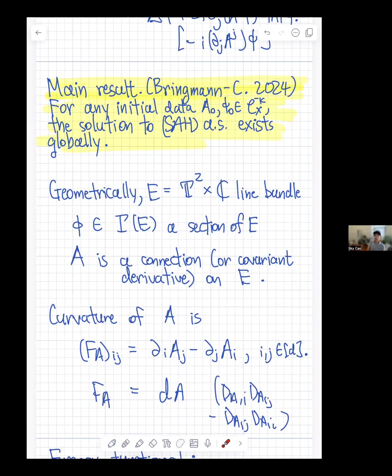So that's how the curvature arises in this setting: basically, the failure of your covariant derivatives to commute.